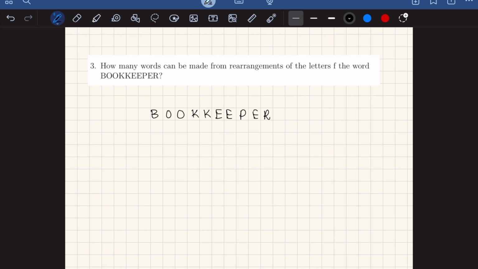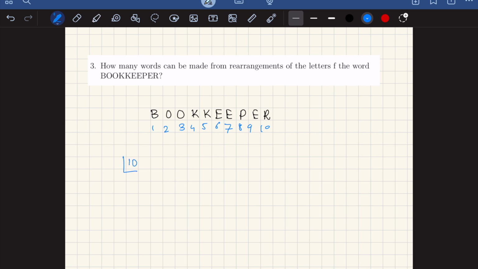Okay, so let's look at the solution. Let's count the number of letters here. You have 10 letters. So the number of ways in which you could blindly rearrange the letters is 10 factorial.